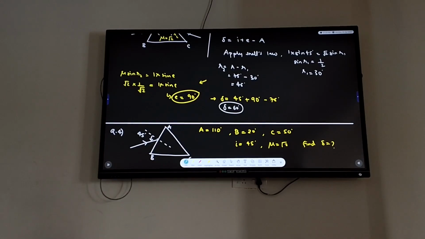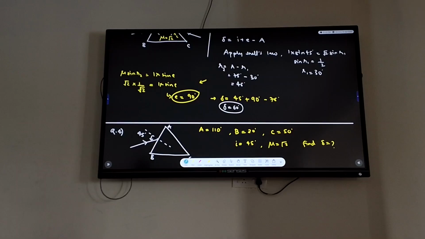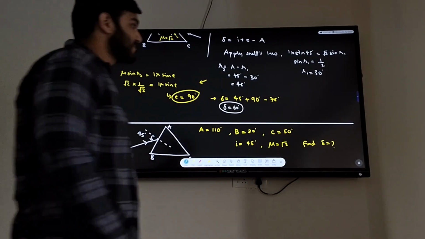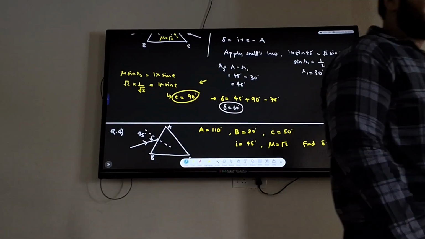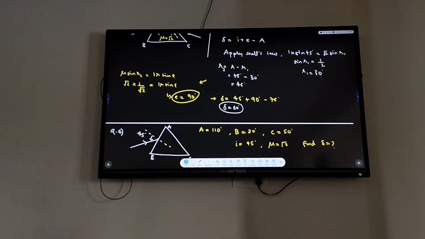Just because I have been talking about two surfaces doesn't mean the third will not refract. There is a refraction in the third surface as well. Obviously it will leave. Yes, any answers? Incorrect.